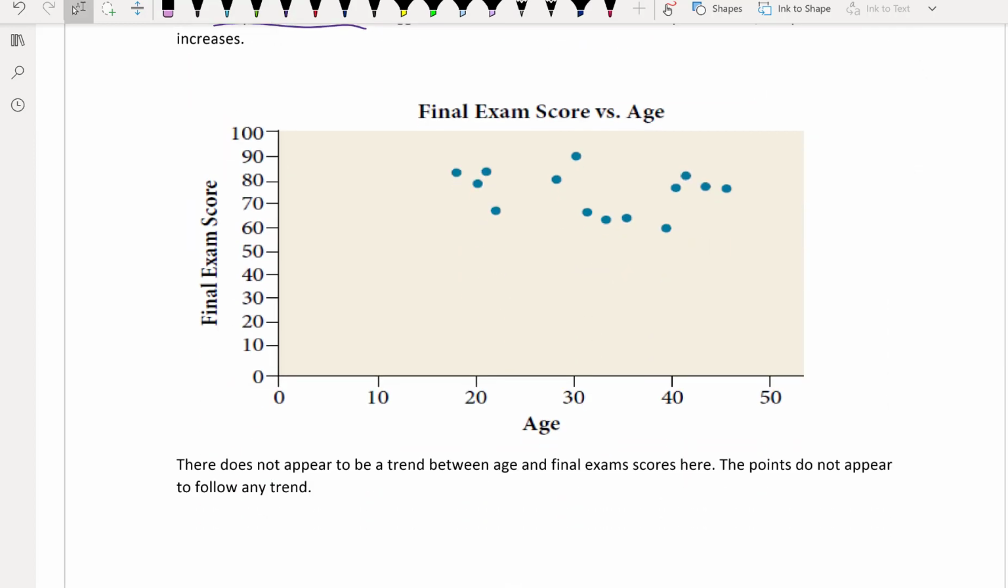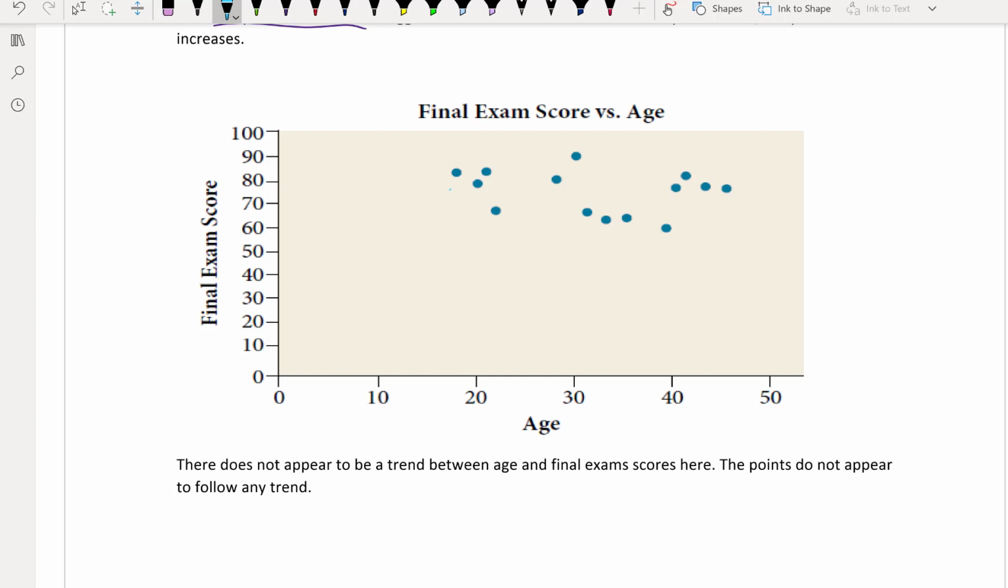Now let's look at the graph below. Let's see if there's going to be a linear relationship here. Is there going to be a linear relationship between final score versus age? So if you're older, are you going to do better on your final exam? Versus if you're younger, are you going to be better on your final exam?